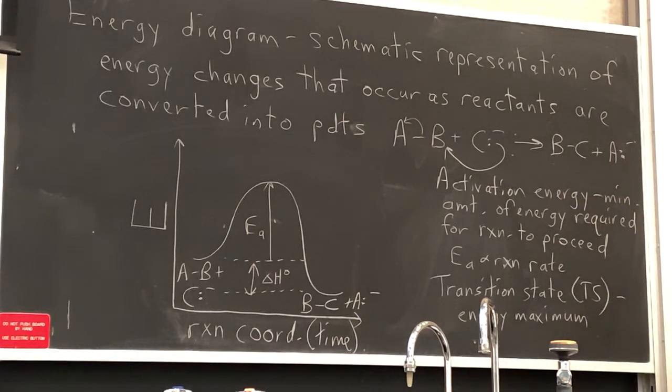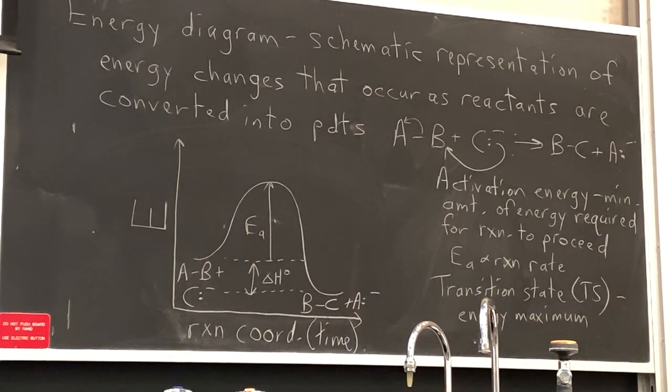Now, the transition state, because it is the highest energy species on the reaction pathway, has a very fleeting existence. Its lifetime is so short that we do not have techniques available to determine its structure. But by looking at the structures of the reactants and the products, we can infer what the structure of the transition state must be. So let's do that in this case.